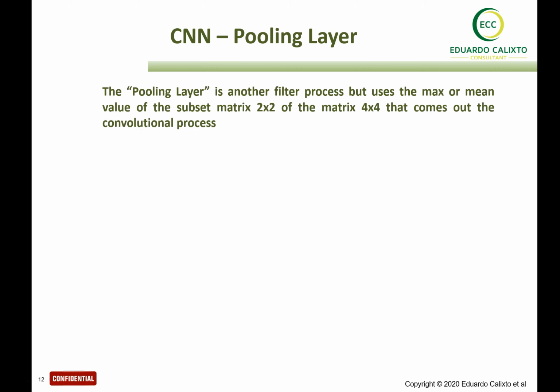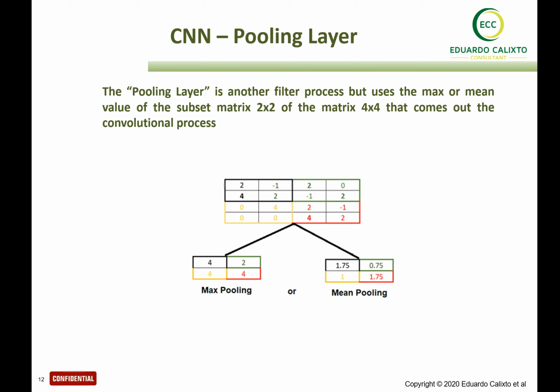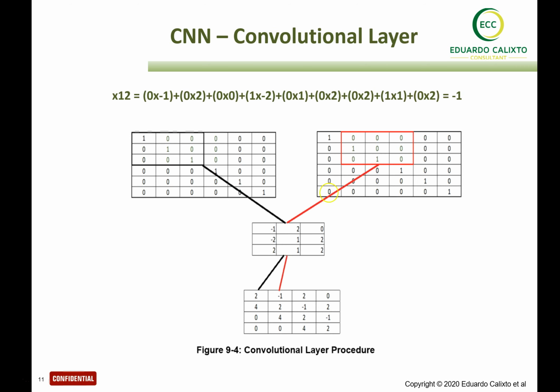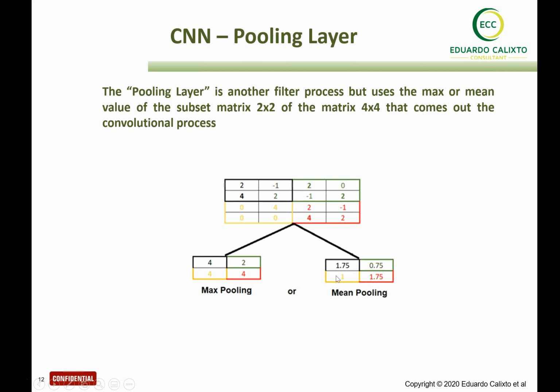The pooling layer is another filter process, but it uses the max or min value of the subset matrix, 2 by 2, of the 4 by 4 matrix that comes out of the convolutional process. So I've got this matrix here, the output that I've got from the convolutional process.